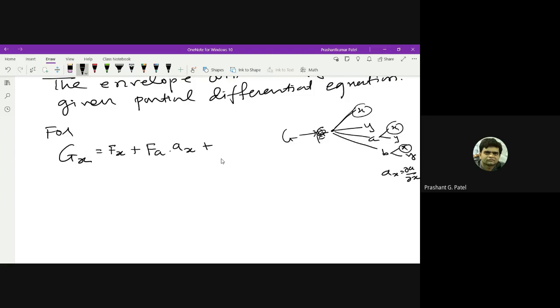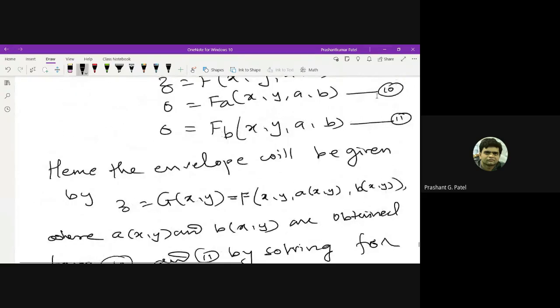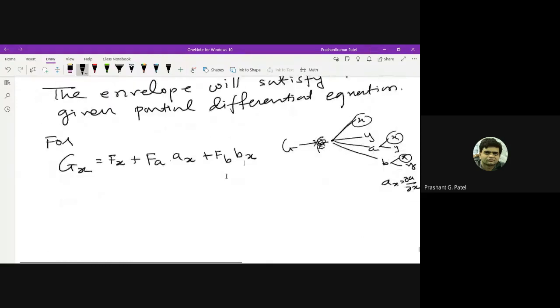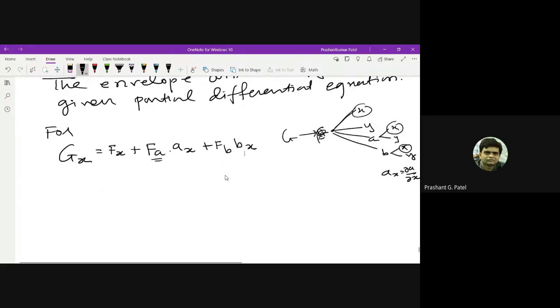The third path is this, that is del f upon del b, that is Fb into bx. But what is Fa and Fb? As per equations 10 and 11, Fa is 0 and Fb is 0. So these two terms will become 0.